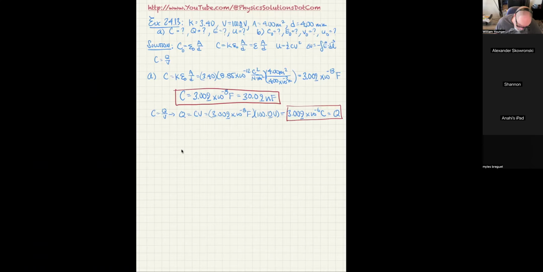Now we've got Q. The next thing we want to calculate is the electric field. And of course, the electric field is a constant. And we know that delta V is equal to the integral of E dot dl. Or technically, it's the negative integral of E dot dl, but we only care about the magnitude.